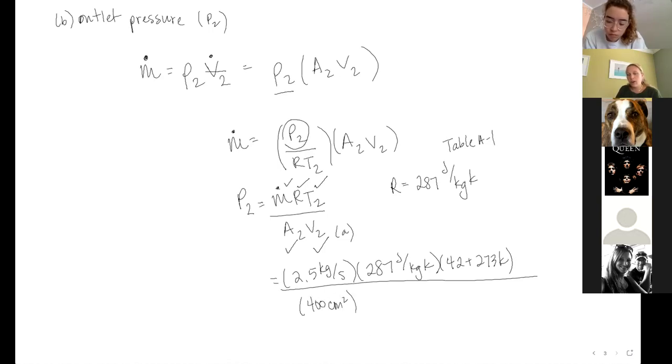But we want to convert centimeters into meters. So 1 meter is 100 centimeters, squared, times our velocity from part A, which is 62 meters per second.